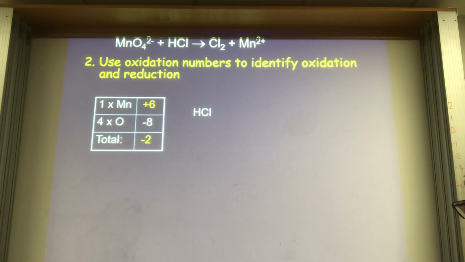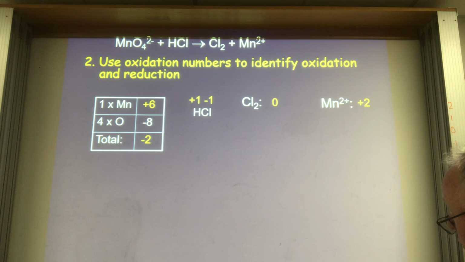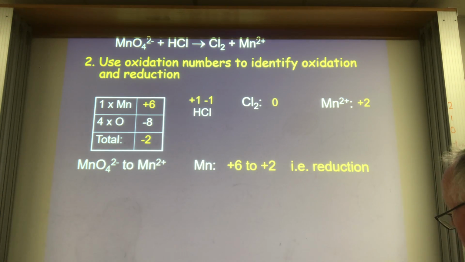HCl is pretty straightforward. Cl2, of course, is a free element, oxidation number of 0. Mn2+ is a simple ion. So what's happening? Well, the manganese is going down from +6 to +2, so the manganese(VI) oxide is being reduced. Chlorine is going from -1 up to 0, therefore the HCl is being oxidised.